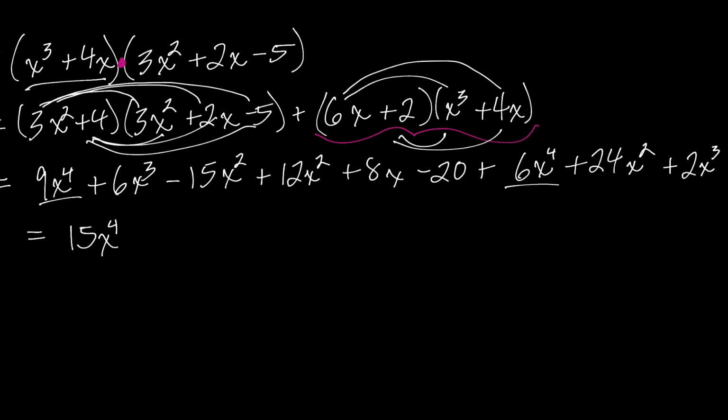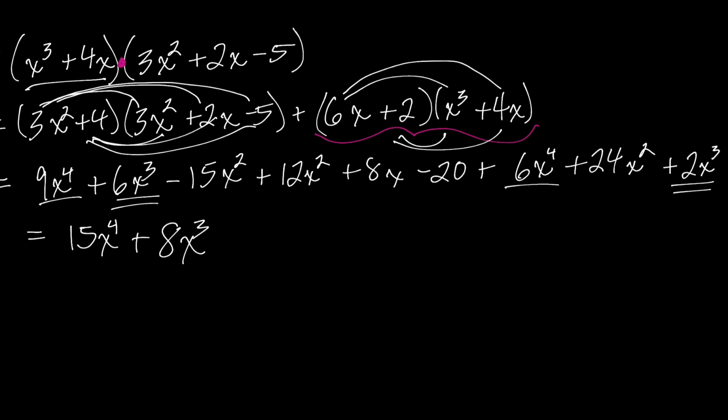Next, I want to do my cubic terms. So 6x cubed and 2x cubed. Those are all the x cubed terms. So 6 plus 2 is 8x cubed. Then we go to our squared terms.